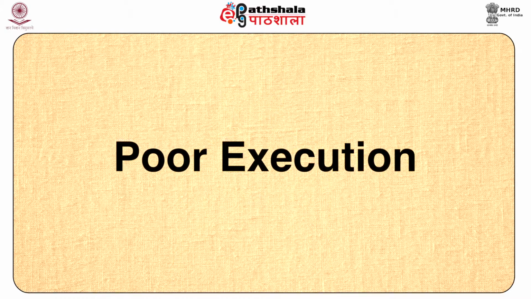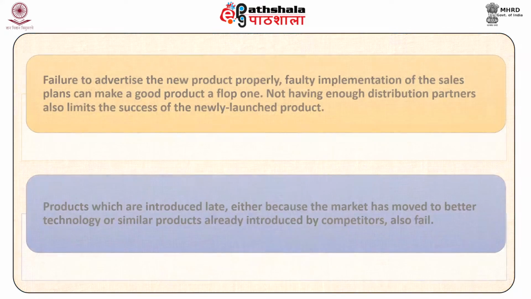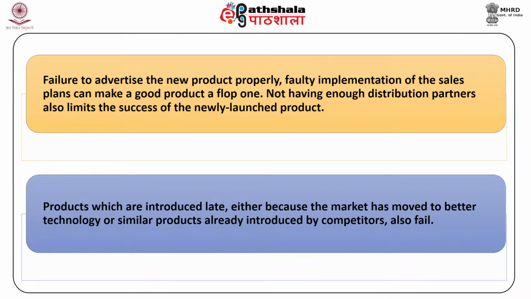Fourth, poor execution. Poor execution comprises all the areas of the marketing program. Failure to advertise the new product properly or faulty implementation of the sales plan can make a good product a flop one. Not having enough distribution partners also limits the success of a newly launched product.